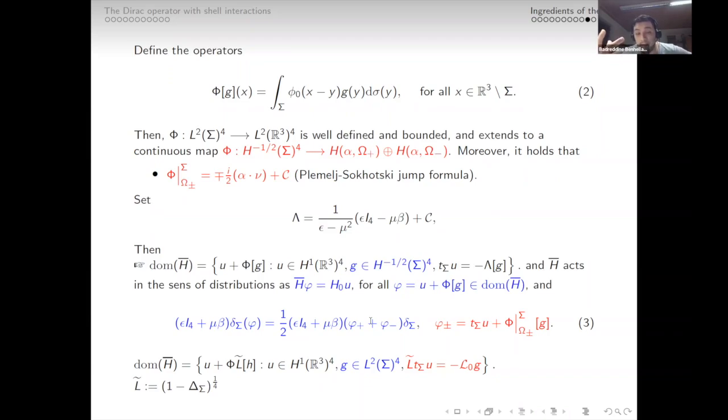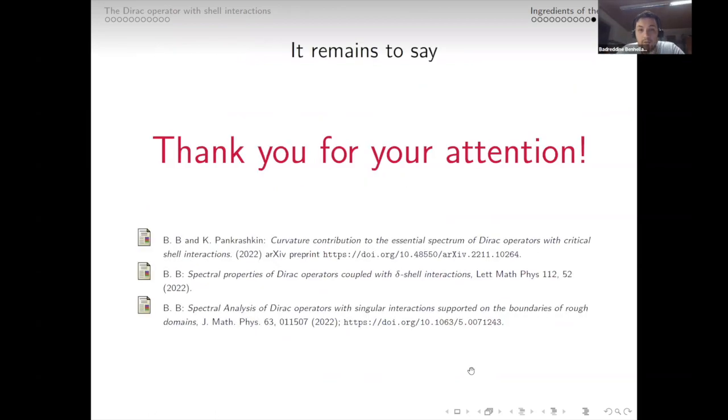And in the sense of boundary triple theory, you have the following: an equivalence between self-adjointness of H and this L lambda defined on some specific domain, say, for example, H1 instead of L2. Well, I think I'm going to stop here, and thank you for your attention.